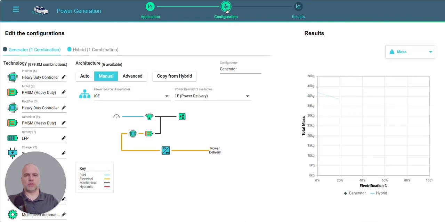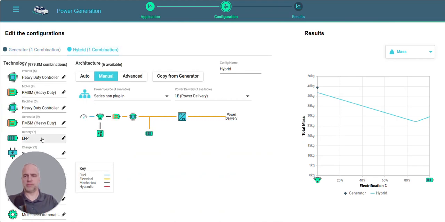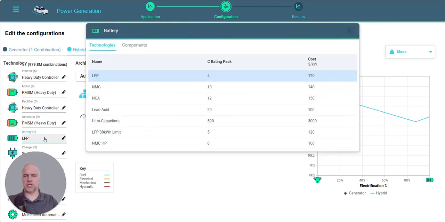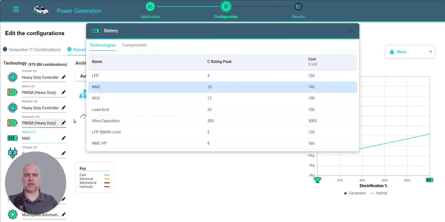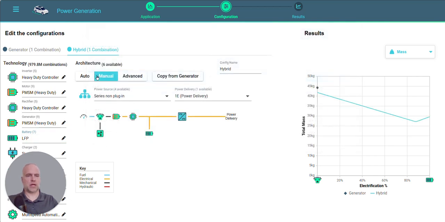If you go to the configuration, that's assuming lithium iron phosphate batteries, LFP batteries. But if we change this to a different battery technology, you can see how that affects what the optimum is. This is mass.